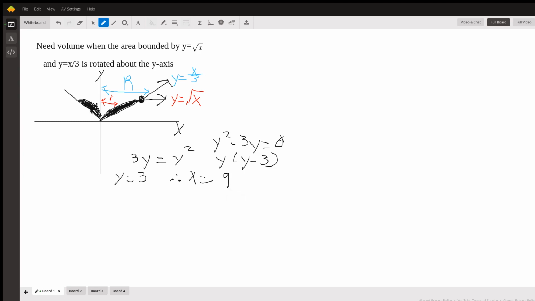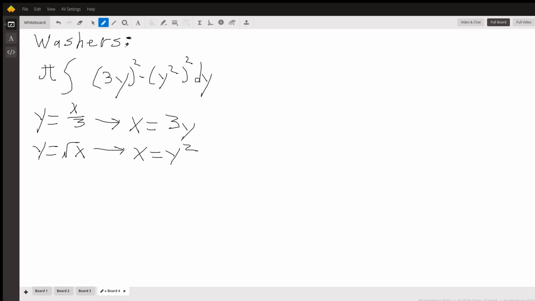So this point is going to be (9, 3). So along y, the lowest this area goes is 0 at the origin, and the highest it goes is 3. So this is a 0, and this is a 3.